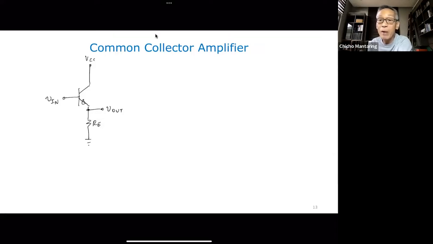When you apply superposition, if you're considering only your time varying component or your AC component, then you suppress your DC sources. And to suppress your DC source, you actually replace it with a short circuit. That's why, from the point of view of AC, this point is actually equivalent to ground.